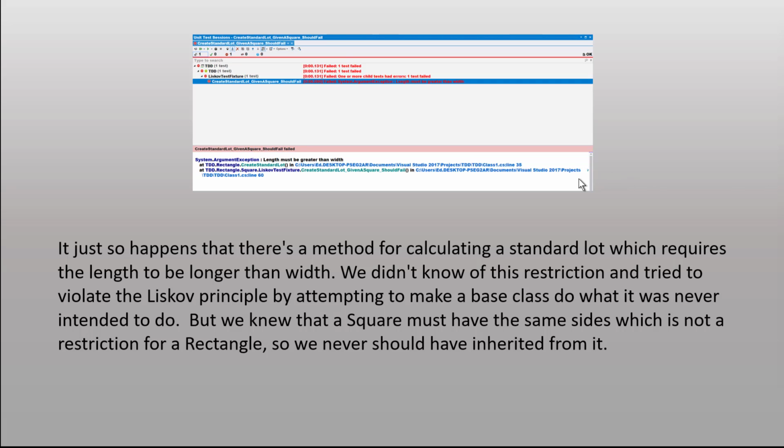I'm giving you a very rudimentary example because everybody knows a square and a rectangle, okay? But there are going to be things. In this case, we had an object, and an object of a rectangle doesn't have a create standard lot, but there was an object that we had created in the form of a rectangle. It just said its properties were length and width, but it also had a function called create standard lot.